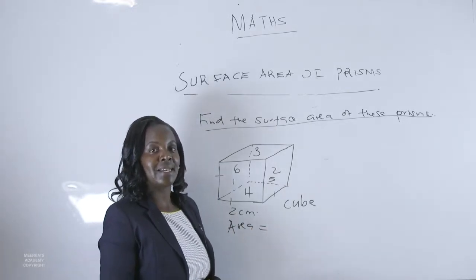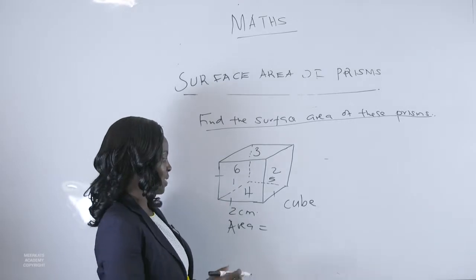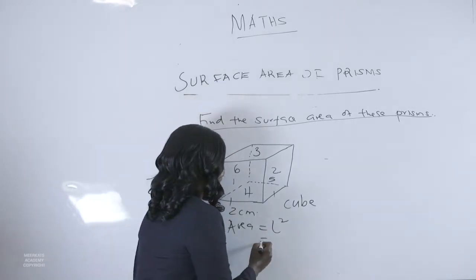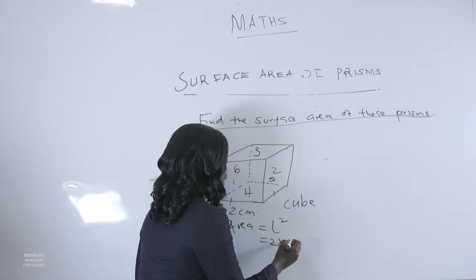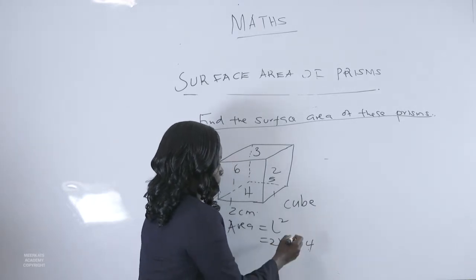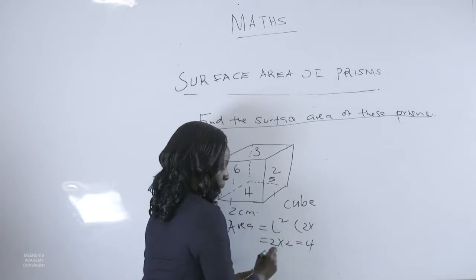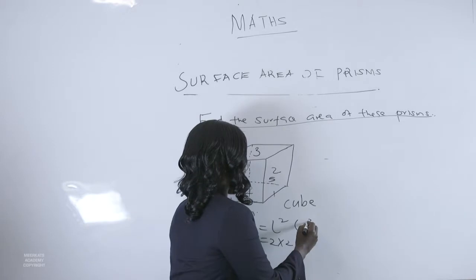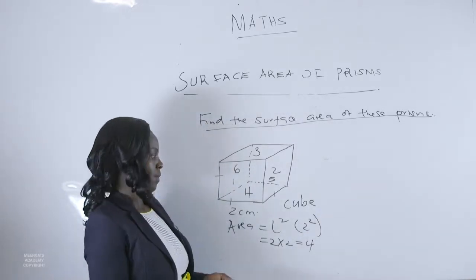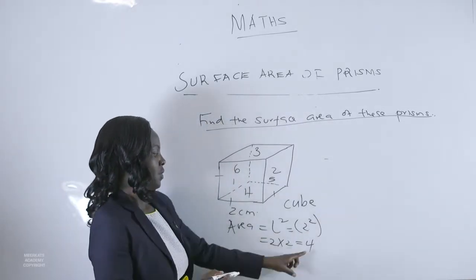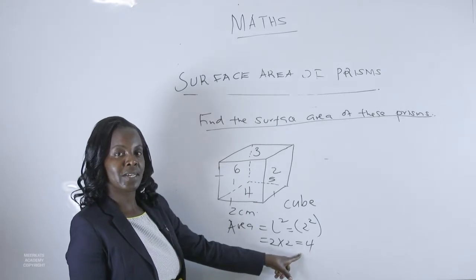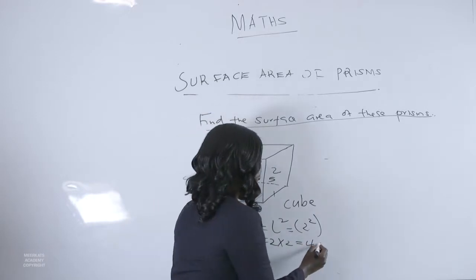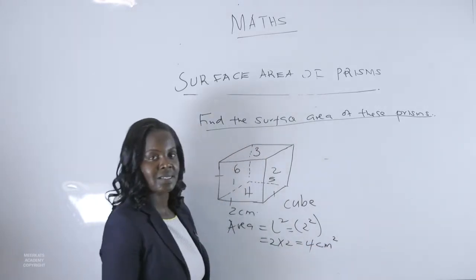How do you calculate the area of a square? In our last lesson we said length squared. So one face of the cube has 4 square centimeters.